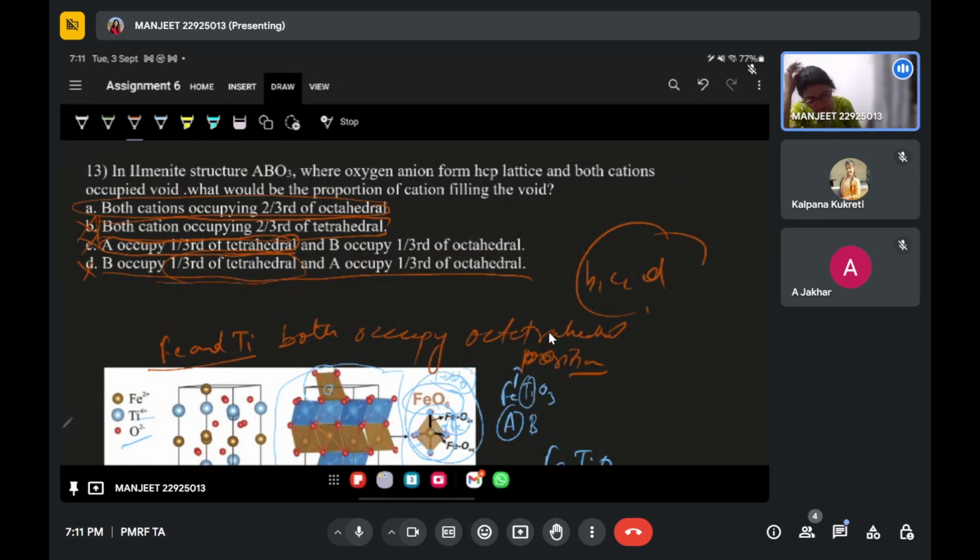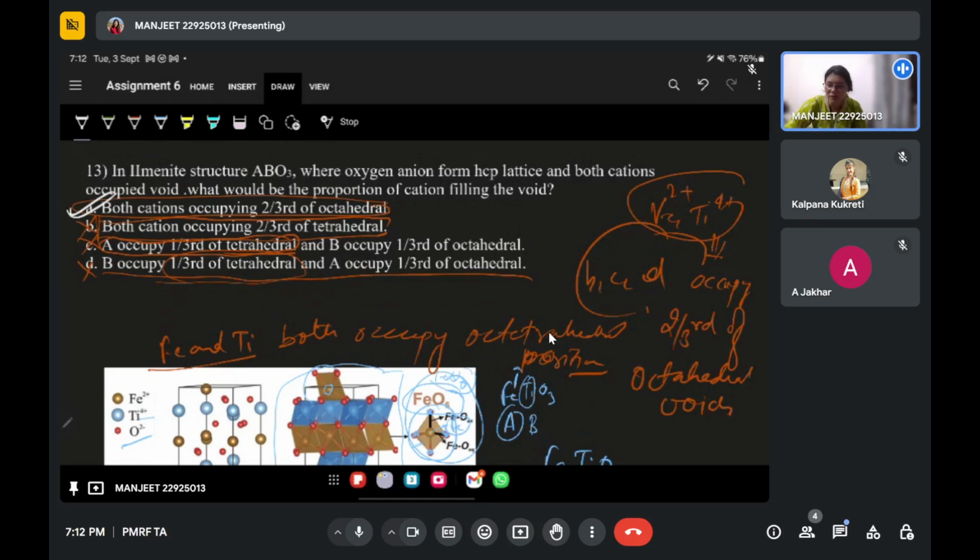So both the cations, Fe 2 positive and titanium 4 positive, occupy 2/3 of the octahedral voids. So A is the right answer. Okay, so this is about question number 13. Let's move to question number 14.